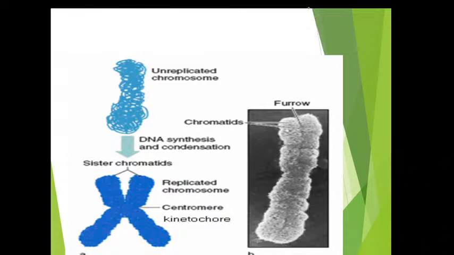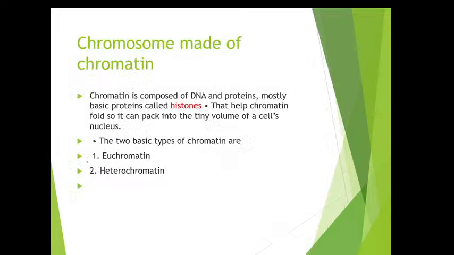Here you can see an unreplicated chromosome and this is a chromosome in the metaphase. In the metaphase, the chromosome shows maximum condensation. Now, let's see at which phases of the cell division the chromosome condensation varies.